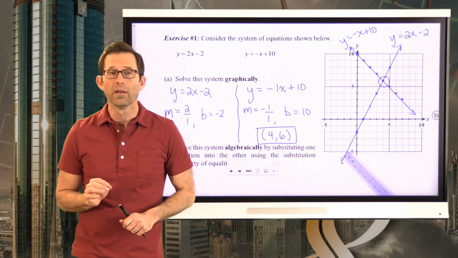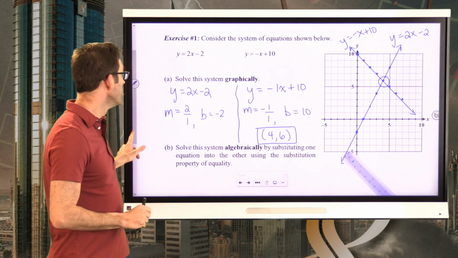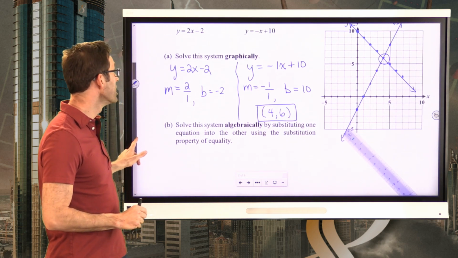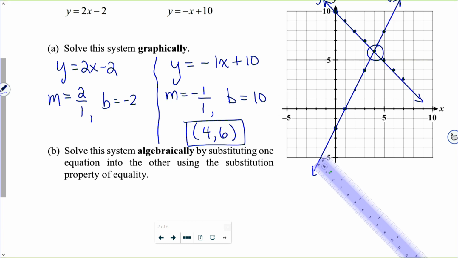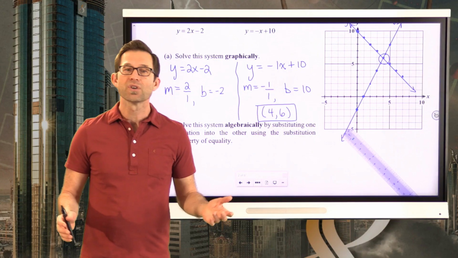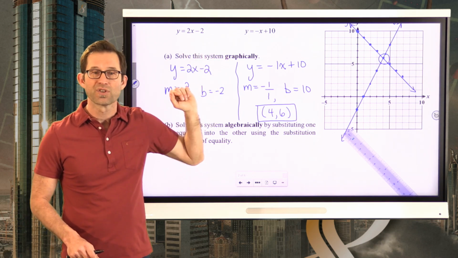Now let's move on in letter B to the thrust of the lesson. Let me just kind of move this up a bit. All right, let's take a look at letter B. Solve this system algebraically by substituting one equation into the other using the substitution property of equality. So in other words, write y equals 2x minus 2.